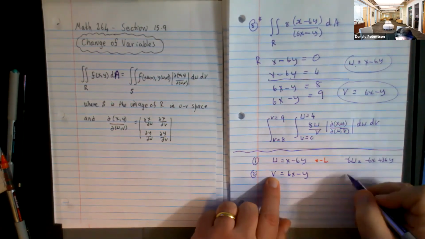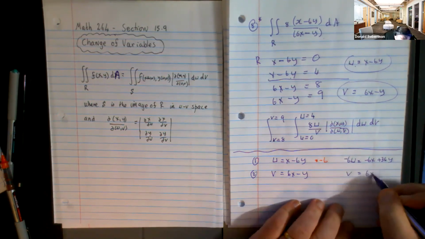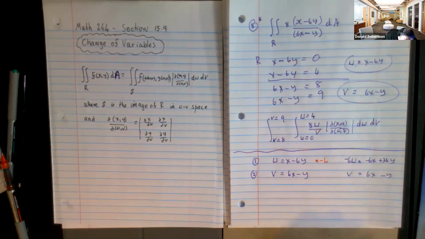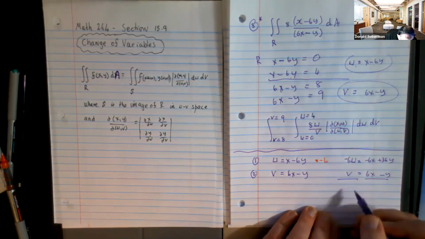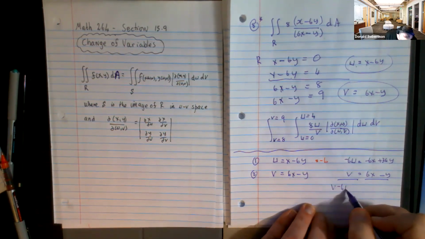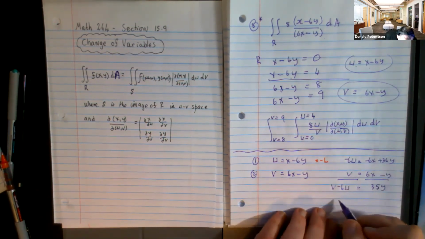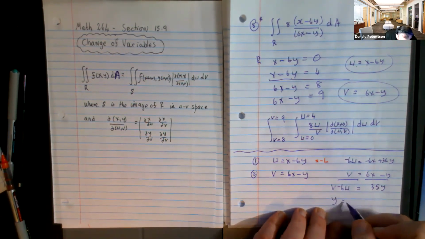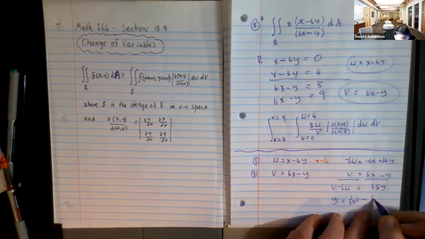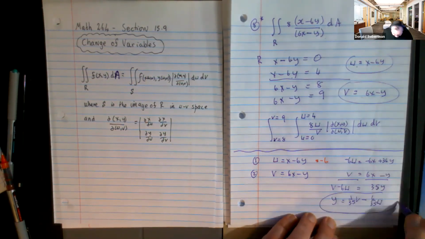I can leave v alone then. And if we add the equations together, we get v take away 6u is equal to 35y. And that makes y 1/35th v take away 6/35ths u, and that is an ugly answer, but it is correct.